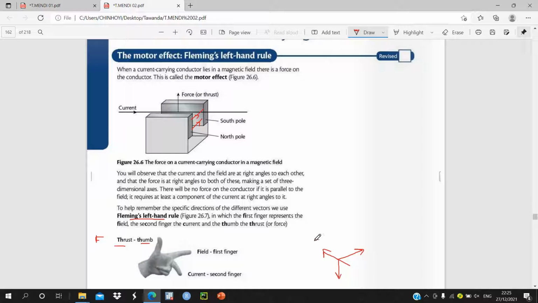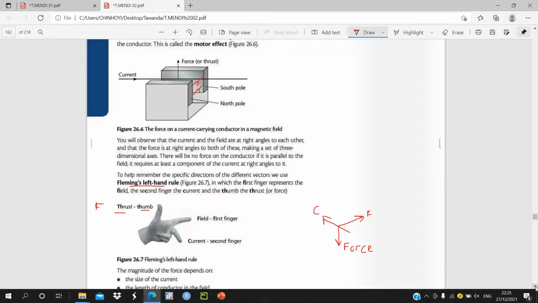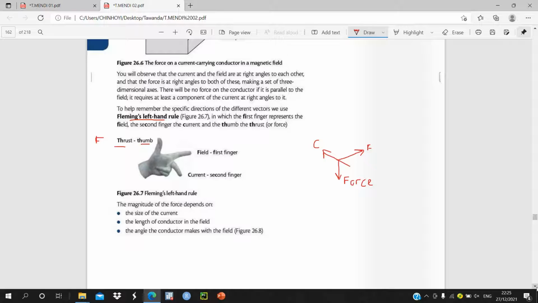If this is the direction of the current and this is the direction of the field, then our force will be in this direction. So we use Fleming's left hand rule to help us determine the direction of the force being experienced.